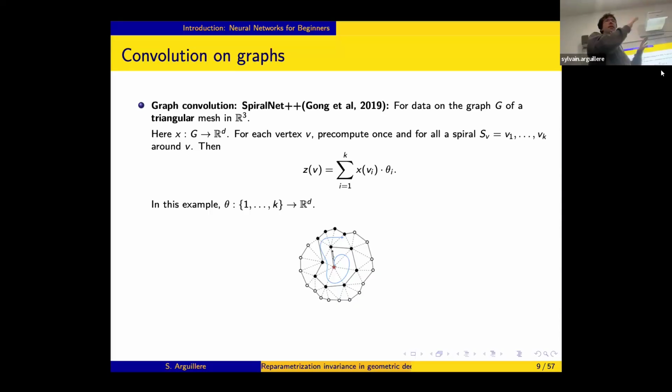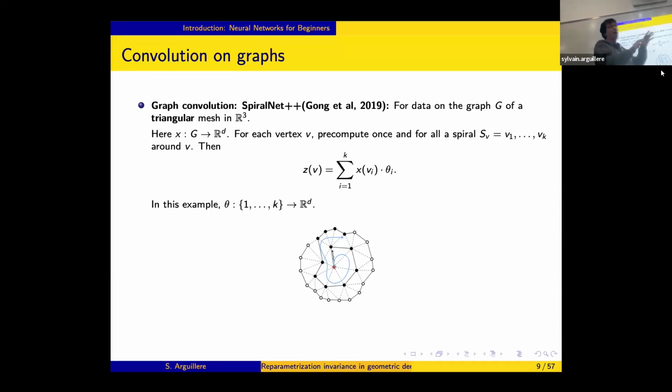Since all the meshes in the data have the same mesh structure, you will get the same spiral in every mesh. And so then if you have some kind of value attached to each point of the mesh, for example the place where the mesh is in the ambient space, then you can take linear combinations of all this data that belongs to the spiral and get a new value for your feature at the start of the spiral, right?